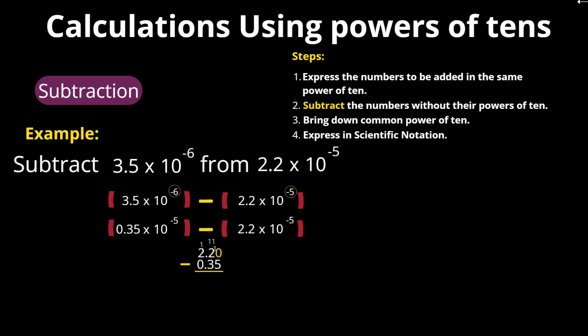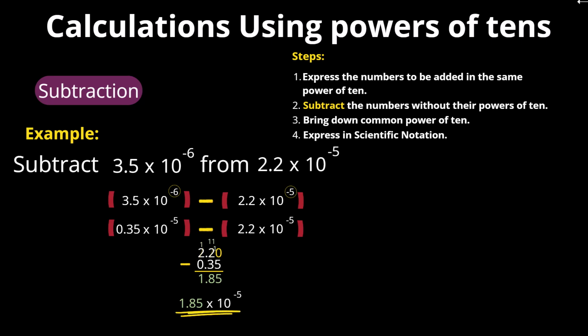So 10 minus 5 is 5. 11 minus 3 is 8, and we bring down the 1. That will be 1.85. And we'll bring down the common power of 10. And as you can see, this is already expressed in scientific notation.